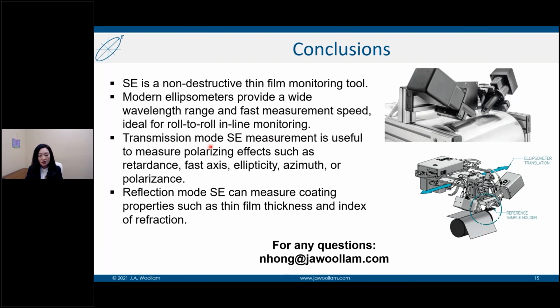Transmission mode ellipsometry measurement is useful to measure polarizing effects such as retardance, fast axis, the polarization related parameters or the polarizance. And the reflection mode ellipsometry can measure the thin film properties such as their thicknesses and the refractive index.